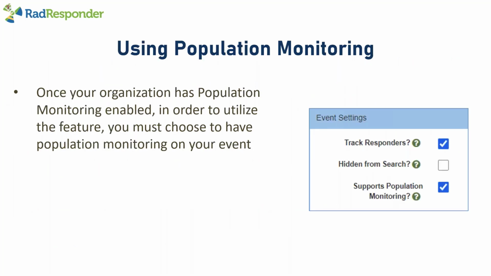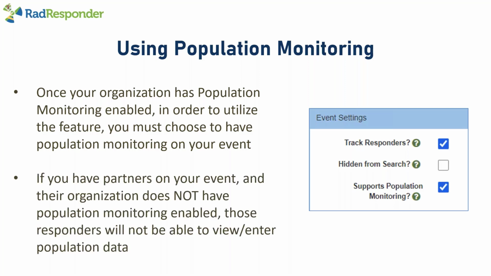Once your organization has the population monitoring module enabled, you do need to enable the population monitoring function at the event level in order to actually submit data. The screenshot that you see here is an event setting screenshot, and if you do have population monitoring enabled, you will see this checkbox.